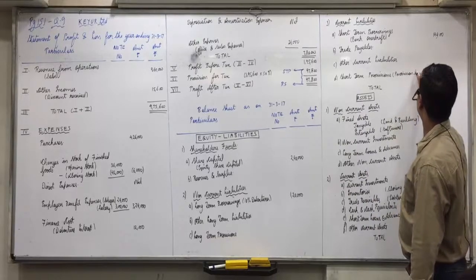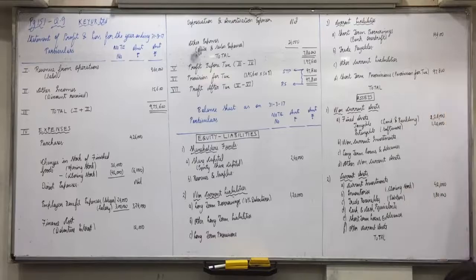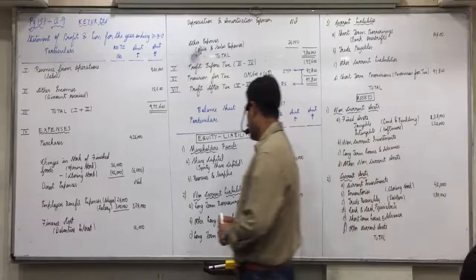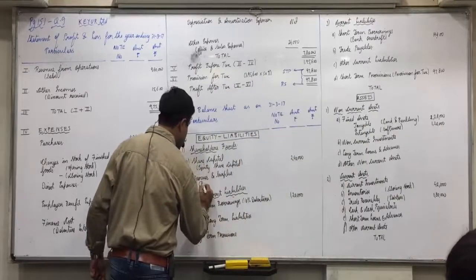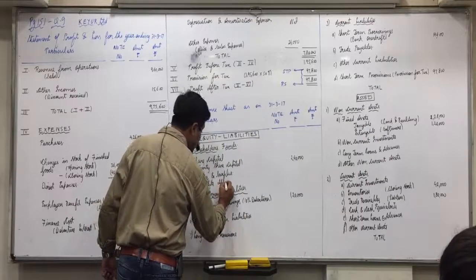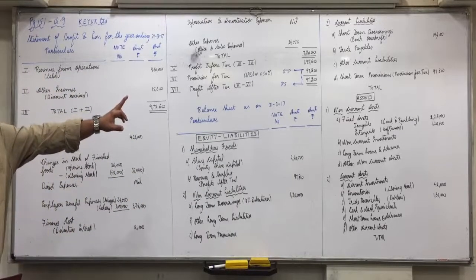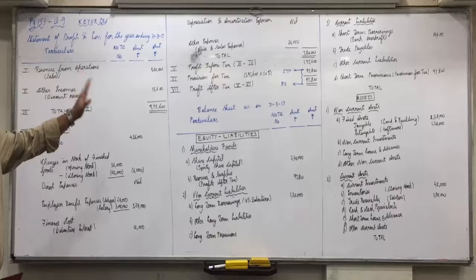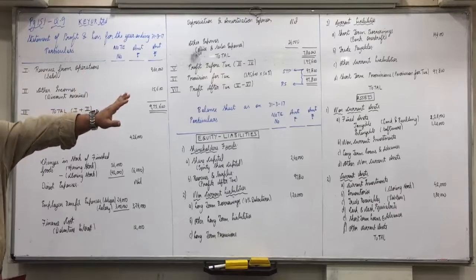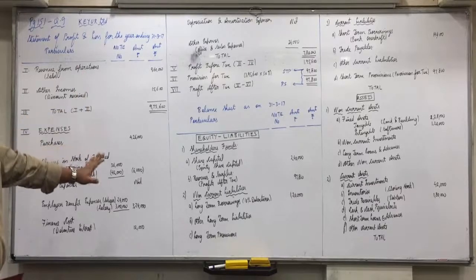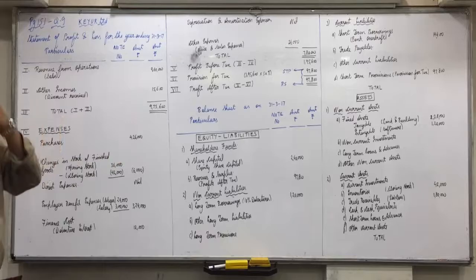Did you all understand the second effect? And profit after tax 97,800, write it in reserves and surplus. All are clear with the second effect of the last two items of the profit and loss statement? Provision for tax will come in short term provisions. Profit after tax will come in reserves and surplus.